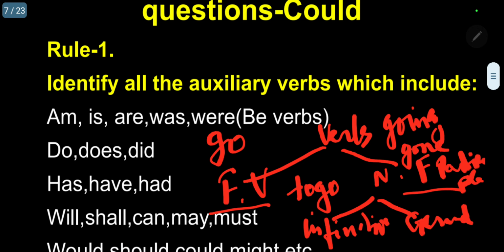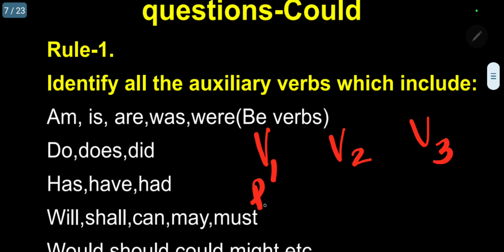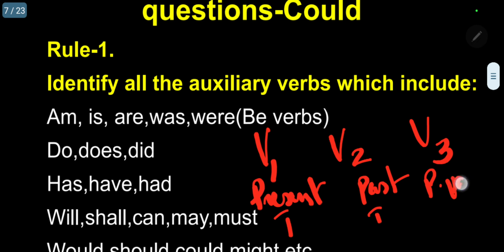Actually, I want to give one piece of information. Basically, in the verbal approach, we must know V1, V2, V3 verbs for all types. V1 present, V2 past tense, V3 past participle.